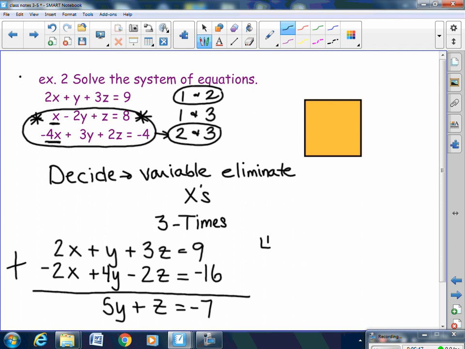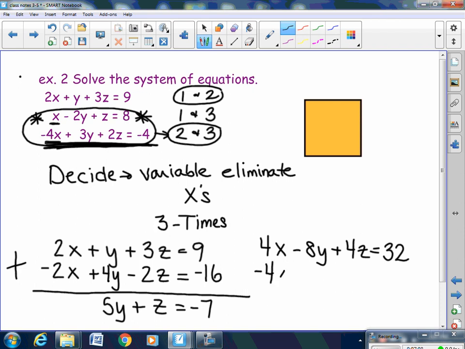So I'm going to get 4x minus 8y plus 4z equals 32. So the starred one up there I multiplied by 4. The third equation right here, I'm not going to do anything to it. I'm just going to write it right underneath it.